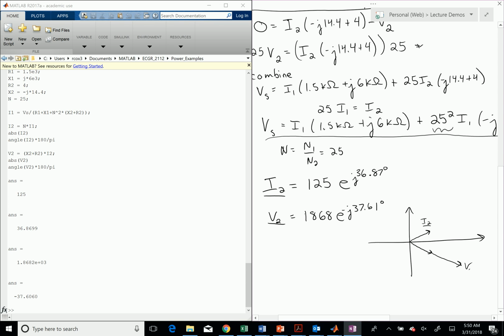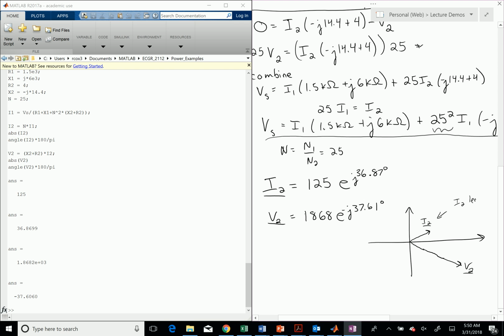This would be my V2, like that. Okay. All right. So in this case, I would say that I2 is leading, right?